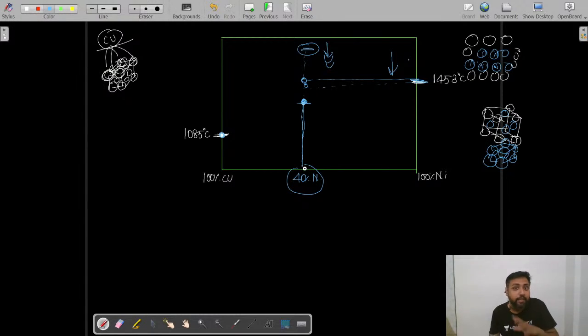Copper atoms will say, no, dear nickel, we will start forming unit cells at 1085 degrees centigrade.